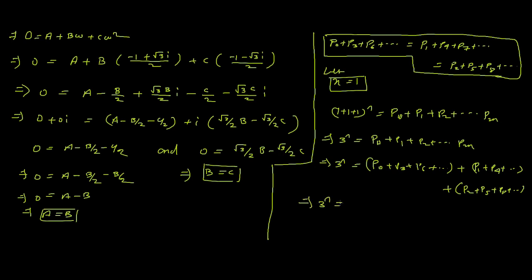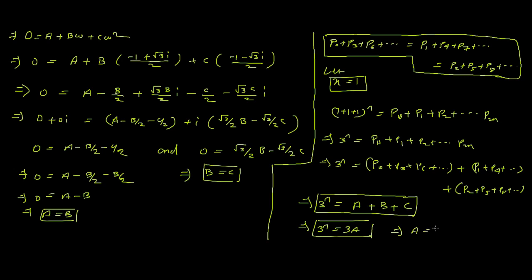So we can write 3 to the power n is equal to, that's p0 p3 p6, the addition is same as our A, p1 p4 p7 is our B, p2 p5 p8 is our C. So we got 3 to the power n is equal to A plus B plus C. That means 3 to the power n is equal to 3A, because A is equal to B is equal to C. So from here we find A is equal to 3 to the power n minus 1.